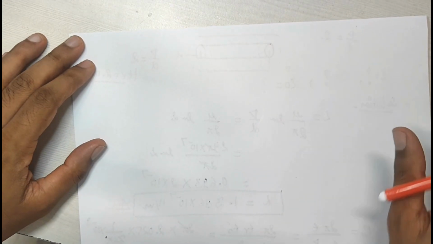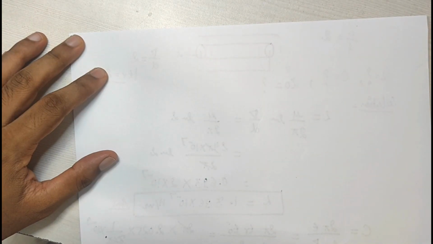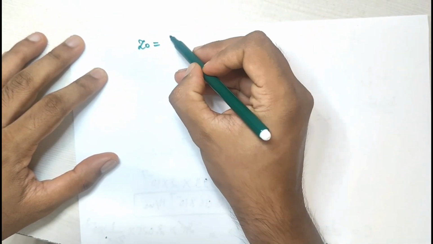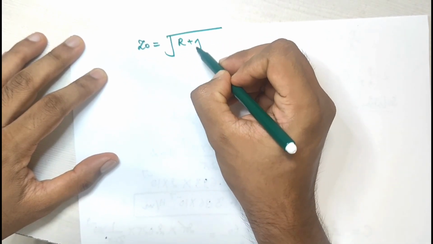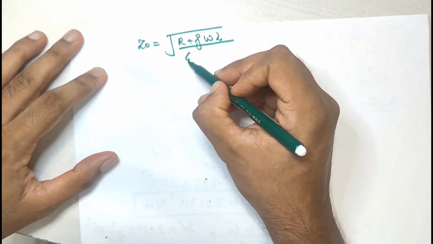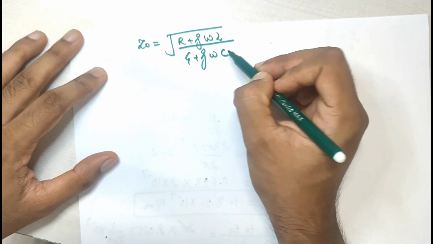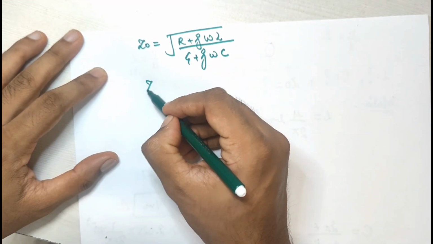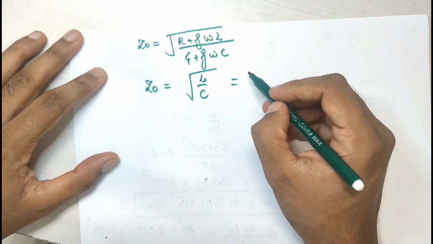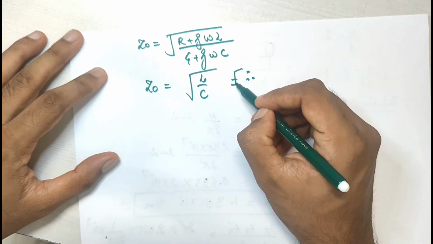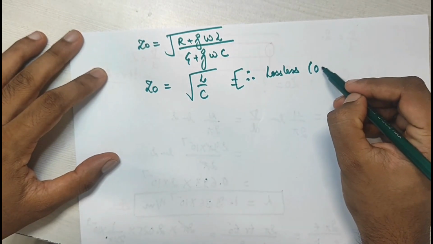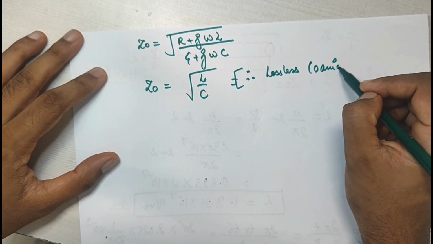What is the formula of calculation of characteristic impedance? Z naught is equal to square root of R plus J omega L upon G plus J omega C. We are talking about characteristic impedance, then it is root of L by C, since it is lossless coaxial cable.